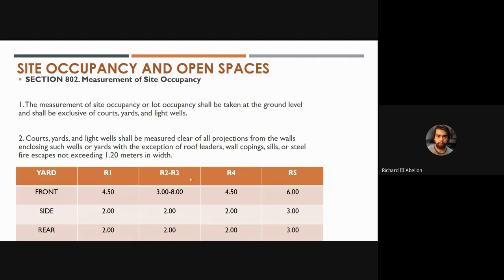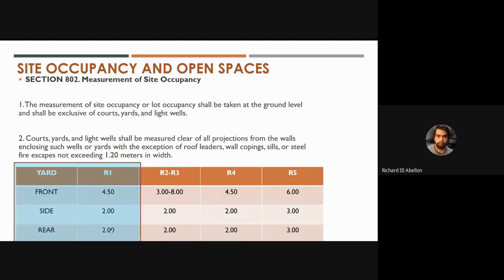Since we will be focusing on R1, ito yung measurement na kailangan nating sundin for the yards. Sa front yard or front setback, it is 4.50 meters. Sa sides, left or right, 2.00. And lastly, the rear is 2.00.